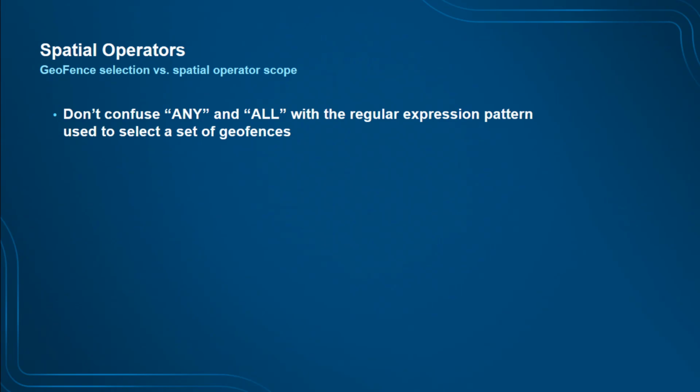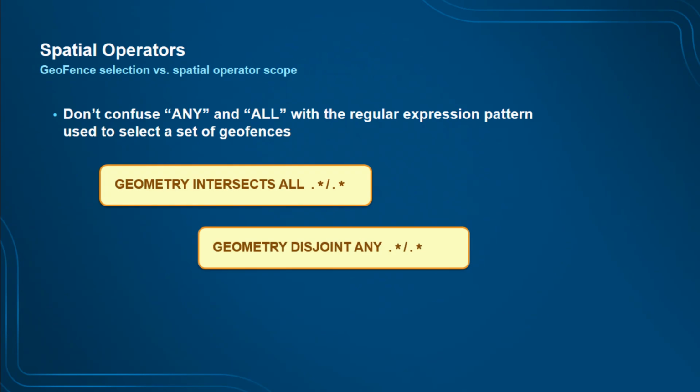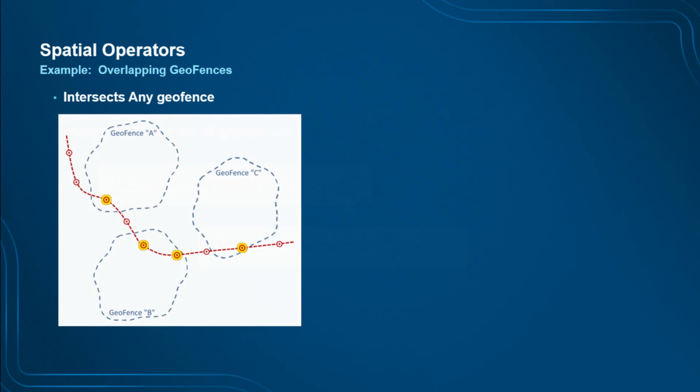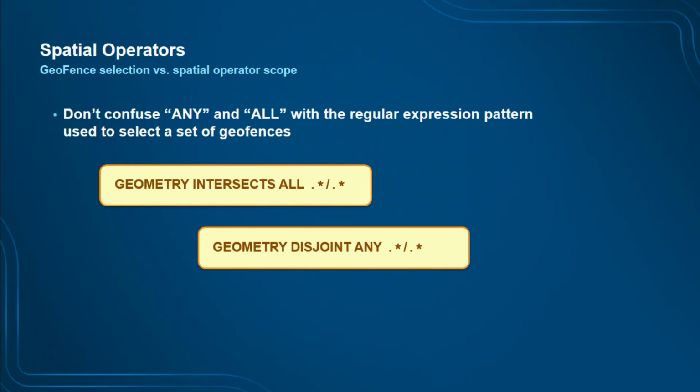Here on the screen we see a couple of example expressions. Geometry intersects all is going to look for the event's geometry to simultaneously intersect all of the geofences. The dot star is also selecting all known geofences, but the two alls are not the same. The dot star is selecting geofences from any category, the second dot star with any name.